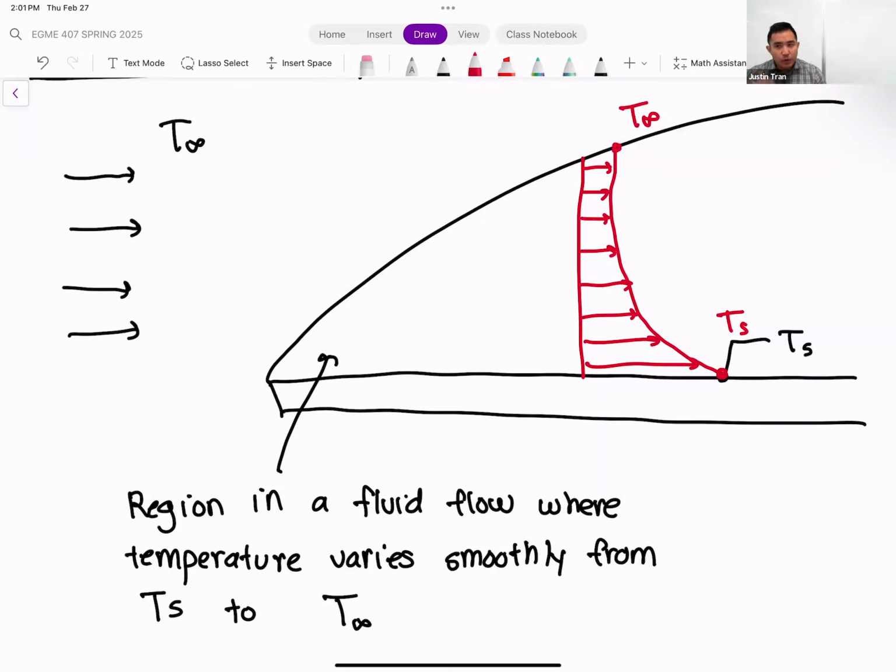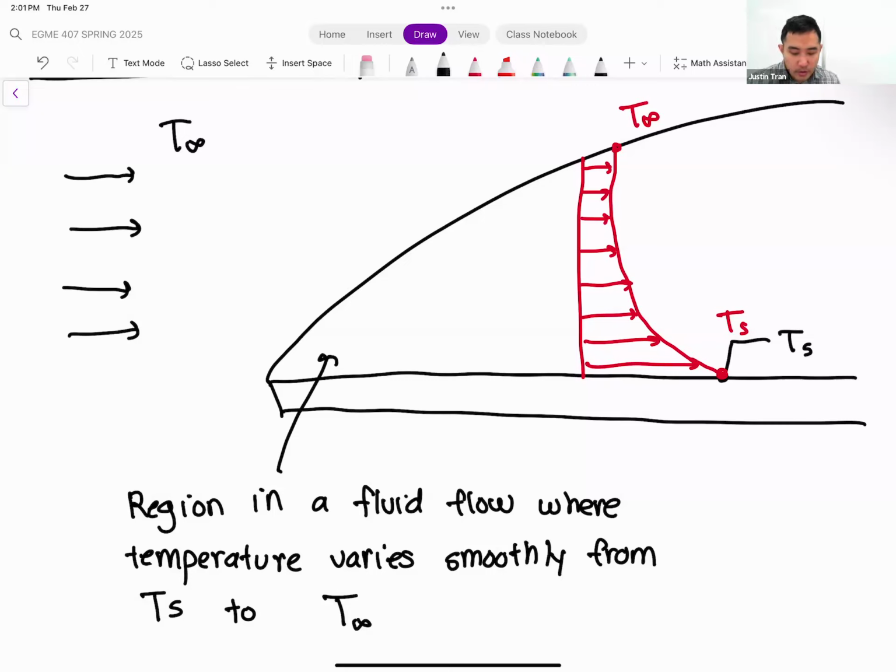But in between that, you have this smooth transition of temperature. We have sharper changes near the surface, and then that change slows down as you get closer to the edge of the boundary layer. Okay.